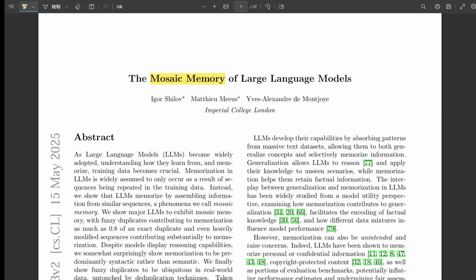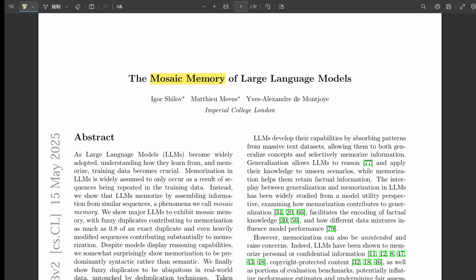You used the analogy of a mosaic artwork earlier, different tiles making a picture. That's a good analogy. The model isn't just storing perfect copies. It seems to be capturing patterns from these near duplicates, these fuzzy ones, and reconstructing information from those fragments. This ability to generalize from partial matches, that's really the innovative insight here about LLM memory.